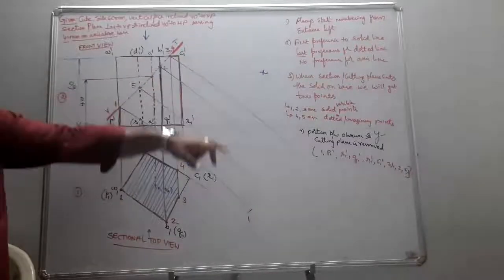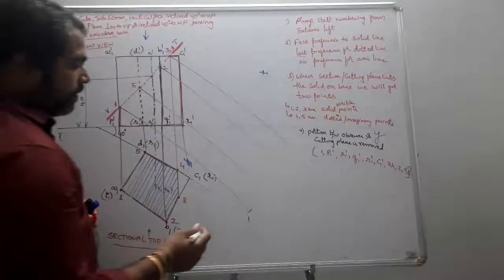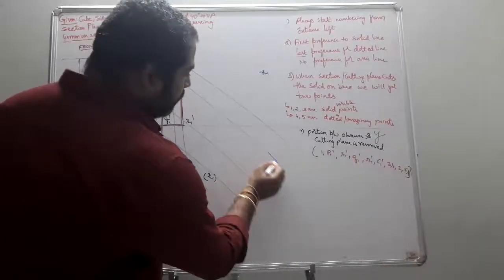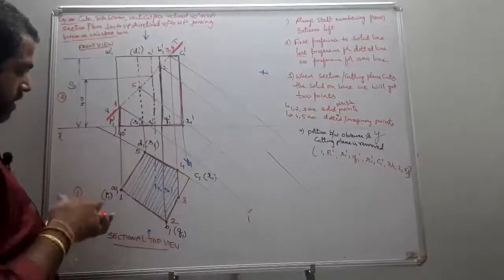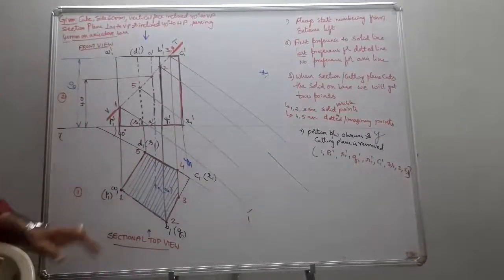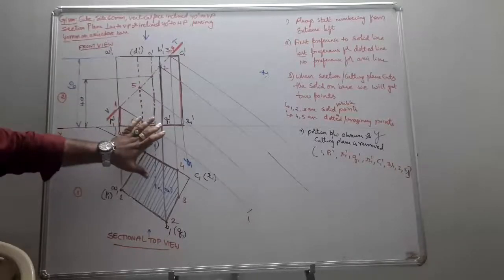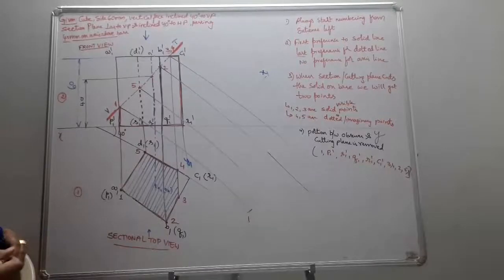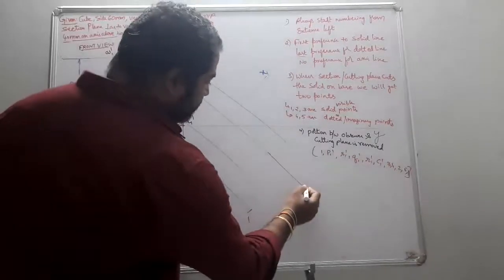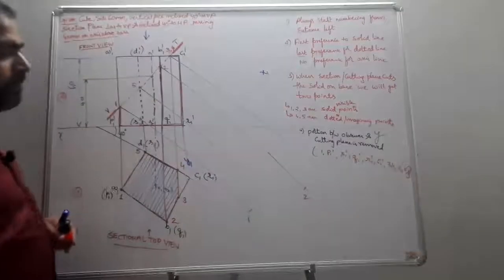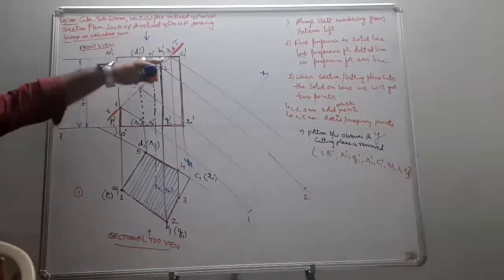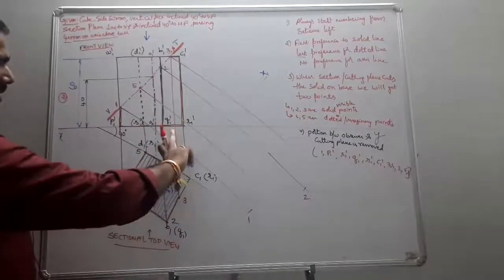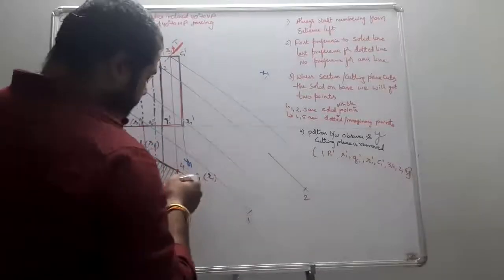Next, let us take your point 2, which is here. This was the projector. You take the distance of point 2 from XY to here. This distance, that is XY to b1, is taken as your radius, and from your reference line you make your point 2 here. Next, point 3 is taken. I take this radius and place it here.